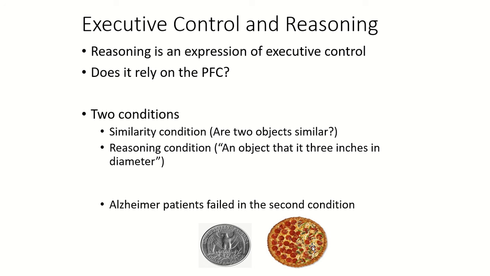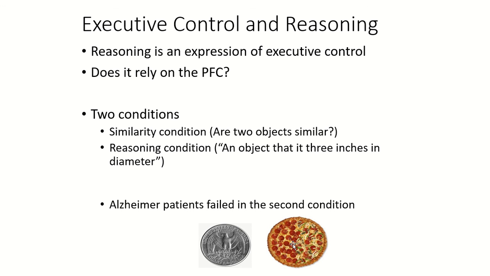Now, neither of these two are typically 3 inches in diameter, right? A pizza is typically larger and a quarter is necessarily smaller. So once you reason through this, the correct answer has to be a pizza, because a quarter, if it changes size, is not a valid coin anymore.